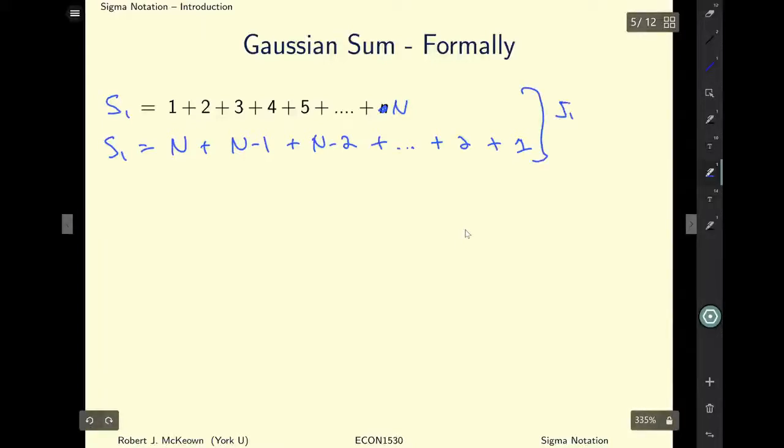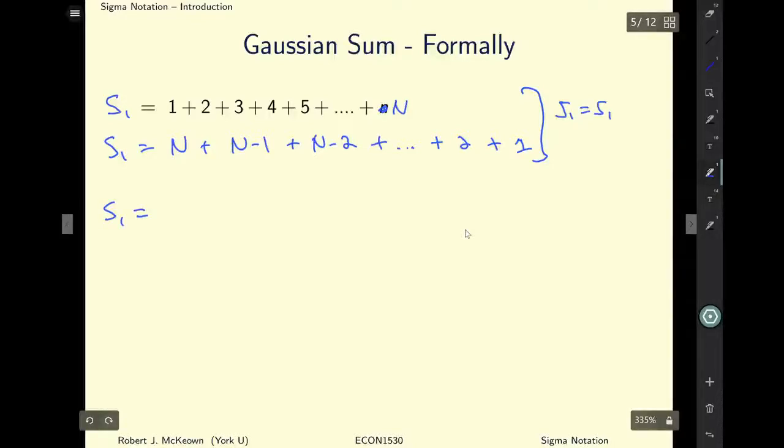So S1 is equal to S1. I haven't changed anything here. I haven't done any algebraic manipulation in any way. I've just redefined it, starting from the endpoint and counting down, which should give us the same value. Now, let's consider this.